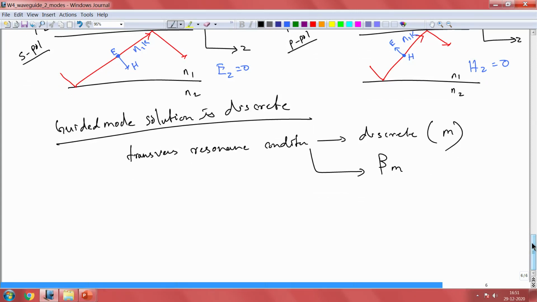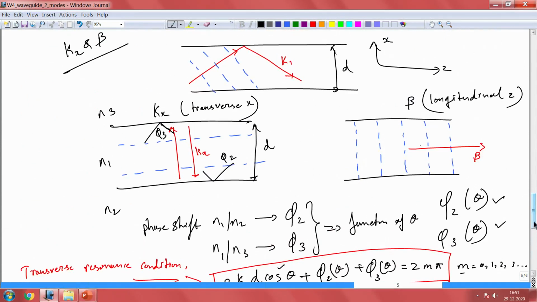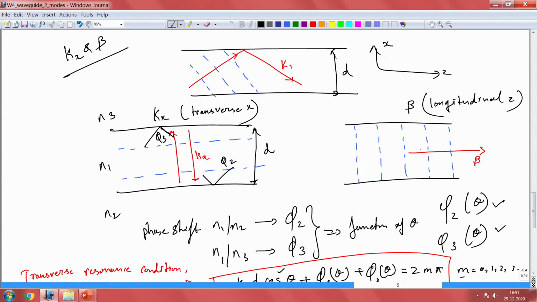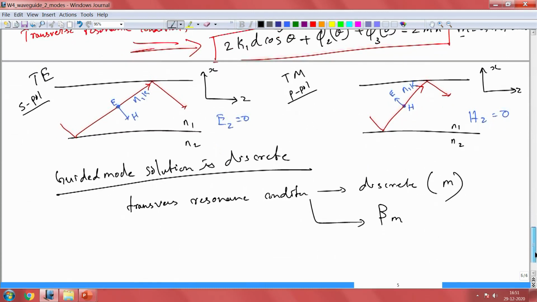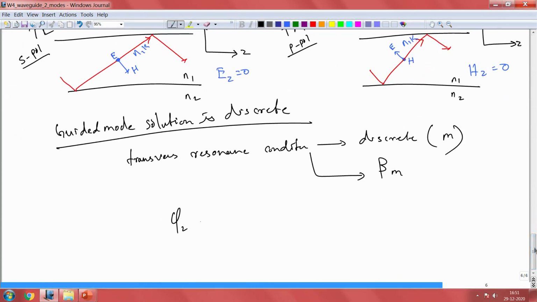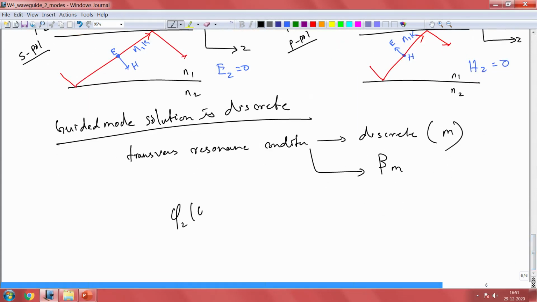Although your theta c, the critical angle at the interface between N1 and N2 and between N1 and N3, does not depend on the polarization, the phase shifts phi 2 and phi 3 as a function of theta do depend on polarization.